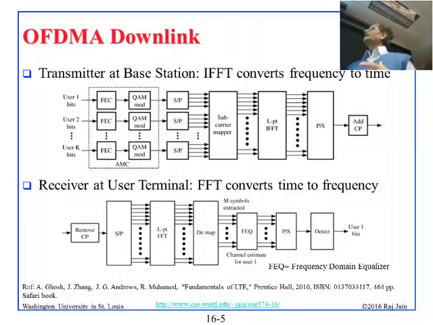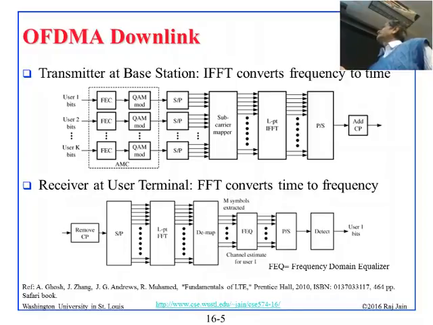Clear? All right. Then we do the IFFT, L point IFFT, which basically means whatever number of carriers you have, that number of IFFT, inverse fast Fourier transform. As a result of that, whatever comes out here, you do parallel to serial.